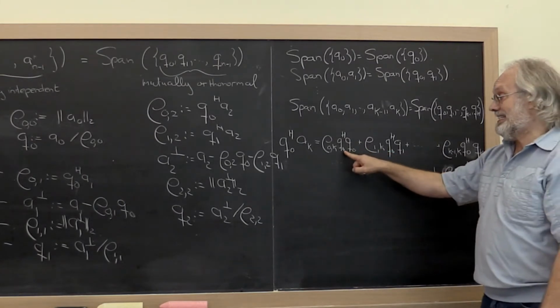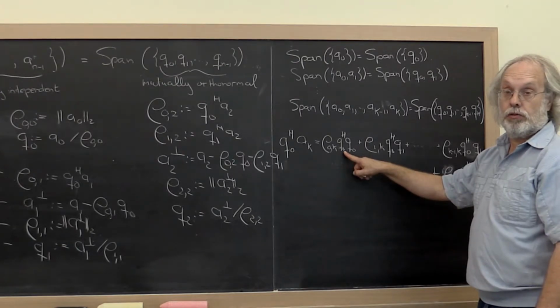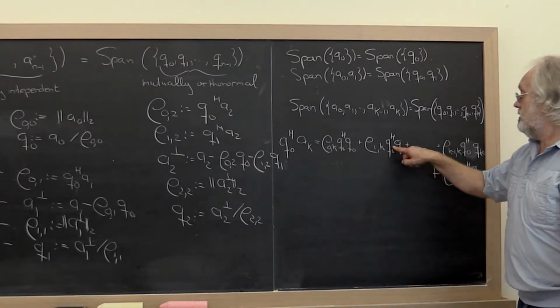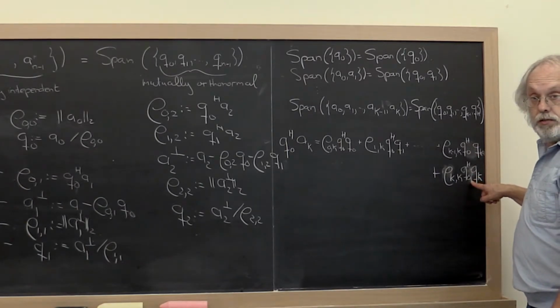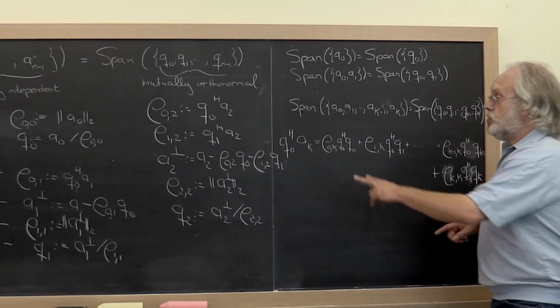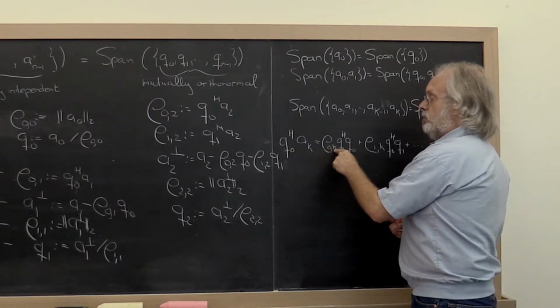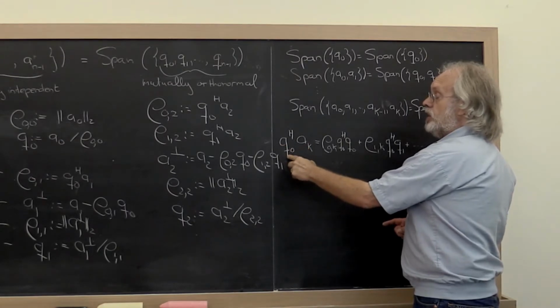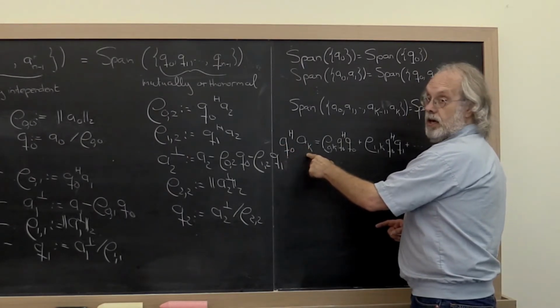What I find is that this is equal to 1, because these vectors are mutually orthonormal, and all of these dot products are equal to 0, so they disappear. So what you get is that rho 0k can be computed by taking the dot product of q0, which we already know, with the current vector ak.